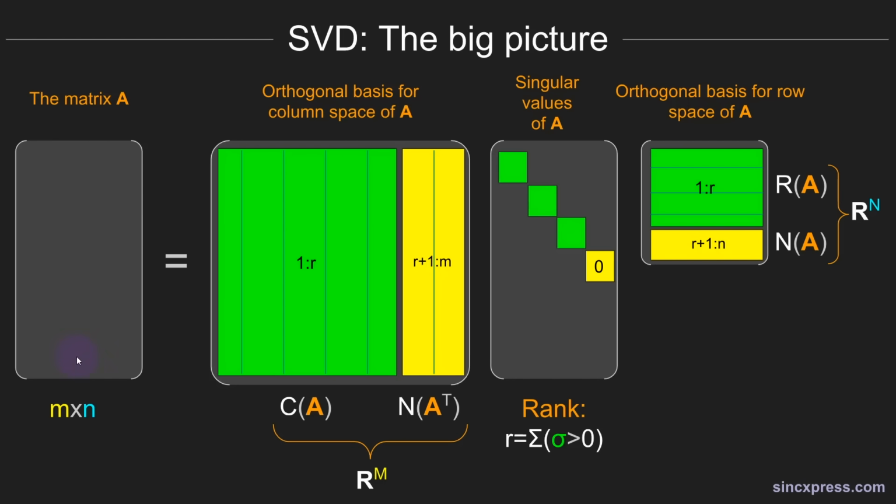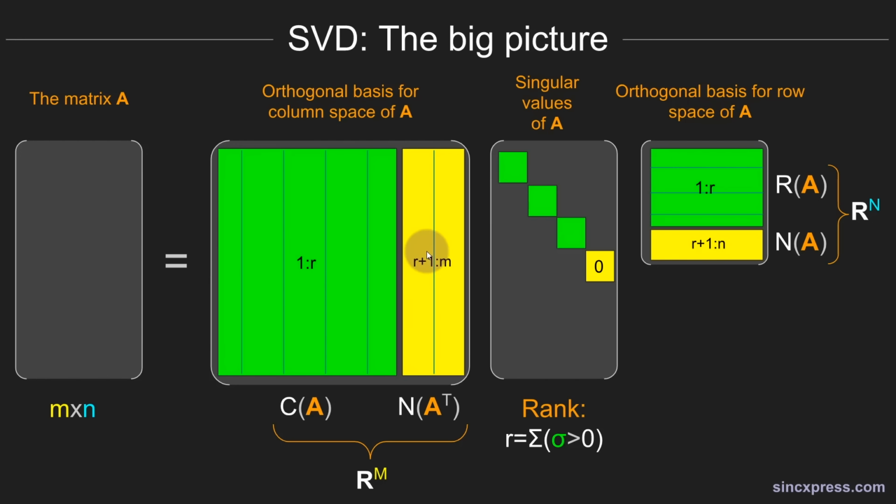It can be a square matrix or a rectangular non-square matrix, and decompose this matrix into the product, the multiplication of three other matrices. So you see here is some matrix A, and this equals, so this is exactly equal to this matrix times this matrix times this matrix.